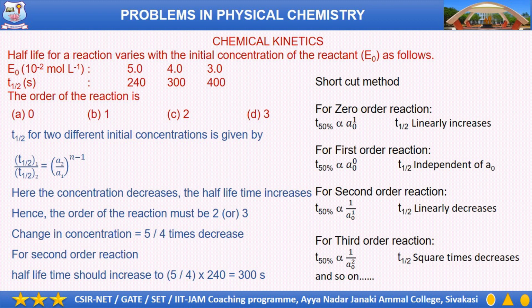Therefore, 1 by 4 into 240 is 60, this and this gives 300. Yes, it is 300. Therefore, it should be a second order. If it is not like that, if this is not obtained, then you can only say it is a third order reaction.